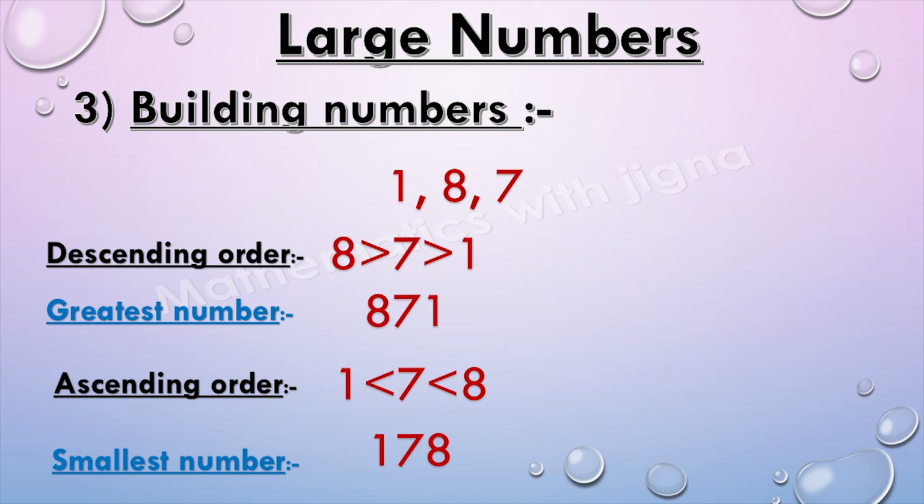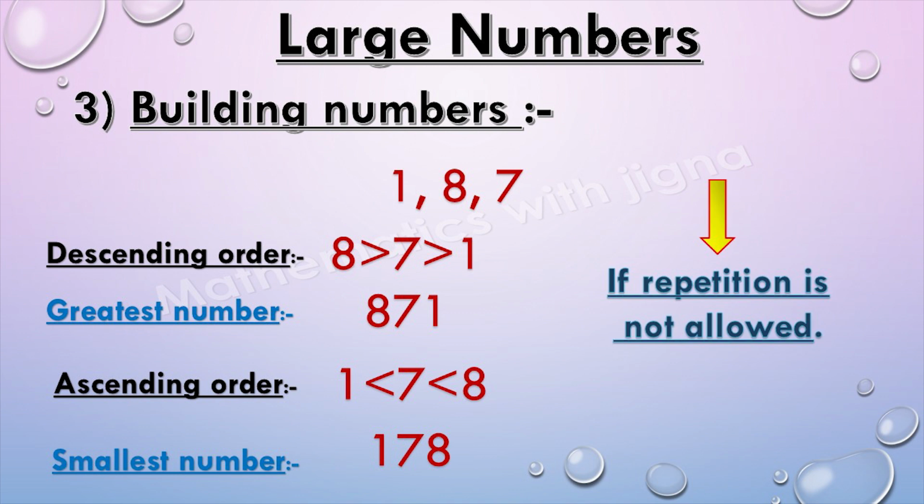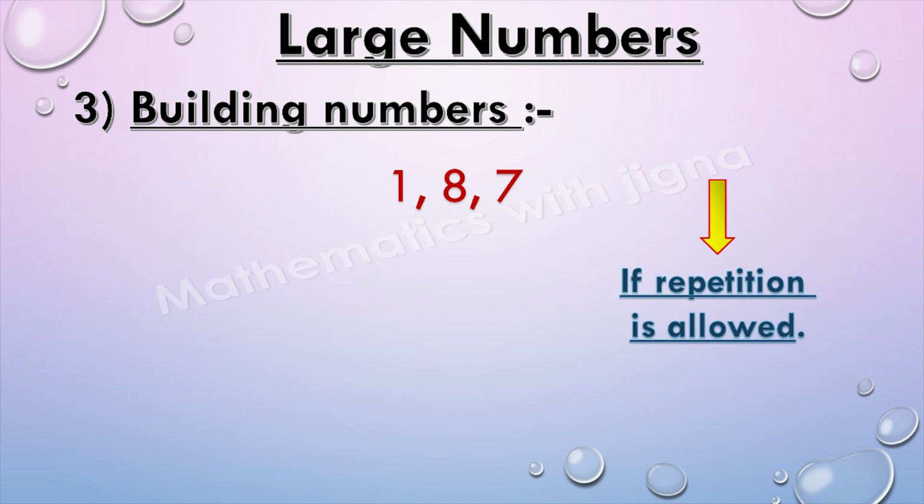This is how we can find the greatest and smallest number if repetition is not allowed, meaning we don't repeat the given digits again. But what happens if the repetition is allowed? Then what would be the greatest and smallest 3-digit number?